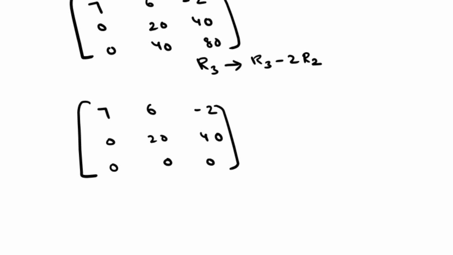Since the rank R is 2 and the order of the matrix is n equals 3, n minus R is 3 minus 2 equals 1. This means one eigenvector corresponds to this eigenvalue.